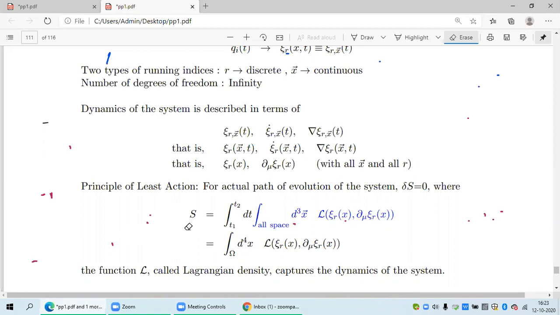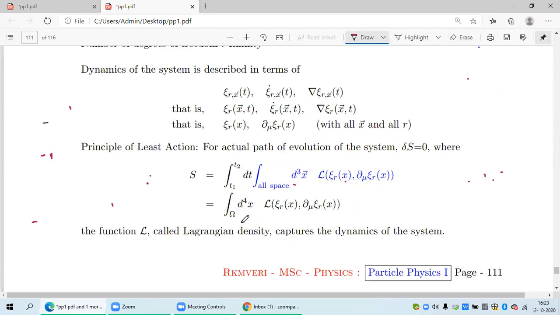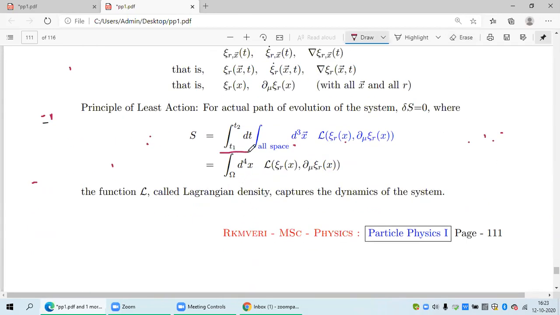You can take this S, and this Lagrangian you can put in this way, because this Lagrangian is a function of generalized coordinates, generalized velocities, etc. But you can write it as an integral over all space of a function which is a point function.